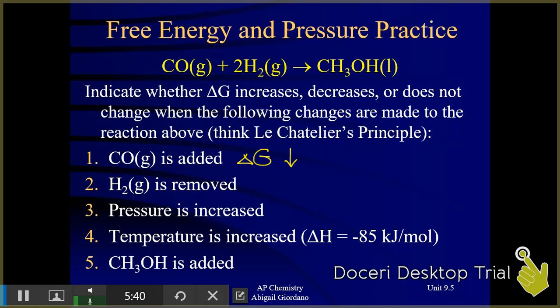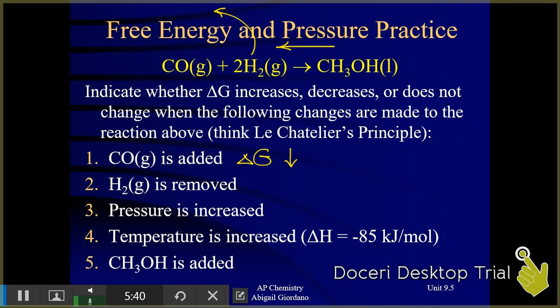Okay, let's do another one. This time we're going to remove something. We're going to take out some hydrogen gas, which is a reactant. What kind of a shift is that going to cause? That's going to push the reaction to shift in the reverse direction. So let me ask you this. What is happening to the favorability of the forward reaction by having this stress on the system?